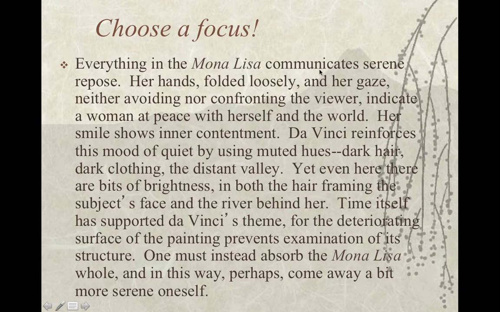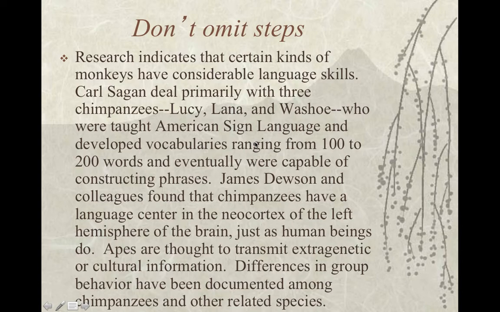Everything in this painting creates serene repose, and then we have a better idea of what to put in. We want details that support that. And then where are we going with this? One must perhaps come away a bit more serene oneself. This first and last sentence could be smoothed out, but now it has a focus, and now we can start working on it more appropriately.